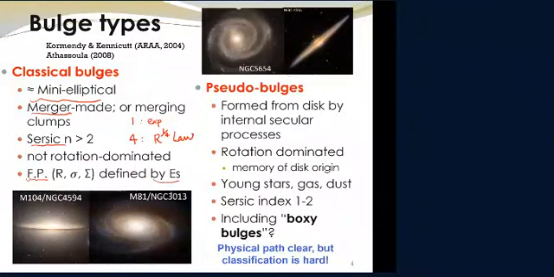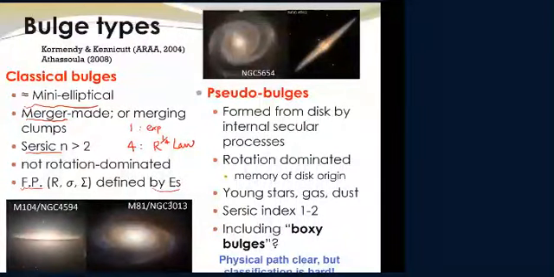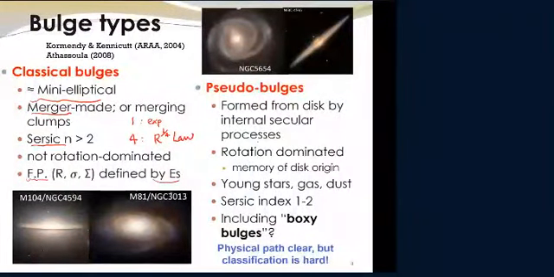The other type is the so-called pseudobulge. Pseudobulges are basically formed from the disk by internal secular processes, often driven by a bar. Once material is driven towards the center by the bar, it often forms young stars, and they still have some residual gas and dust.